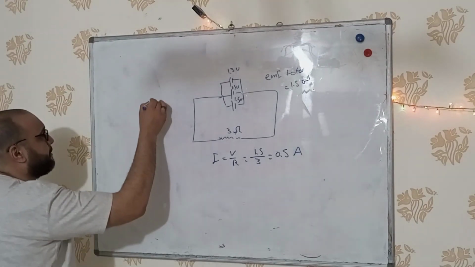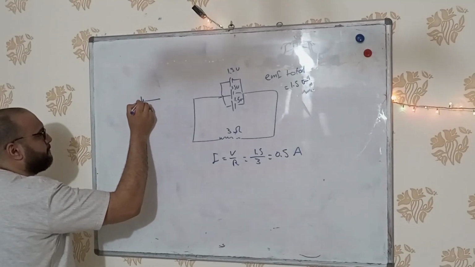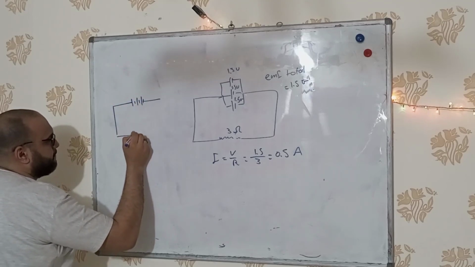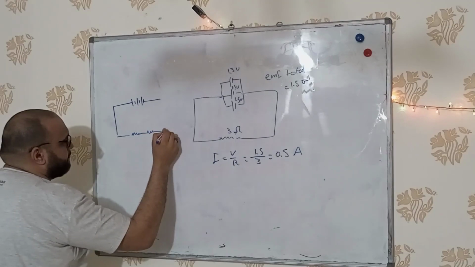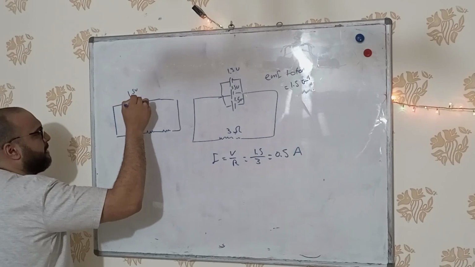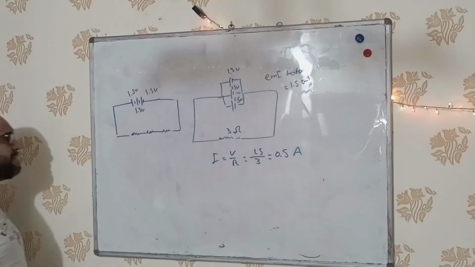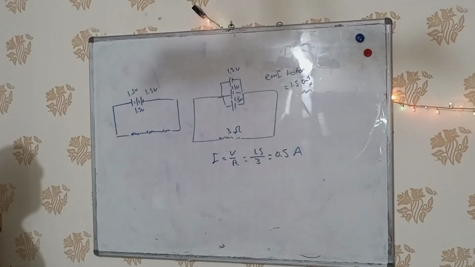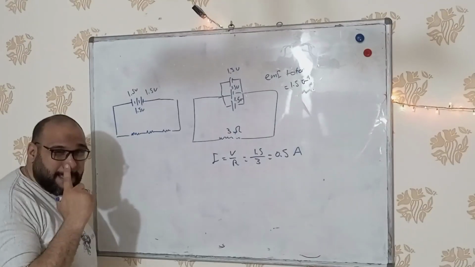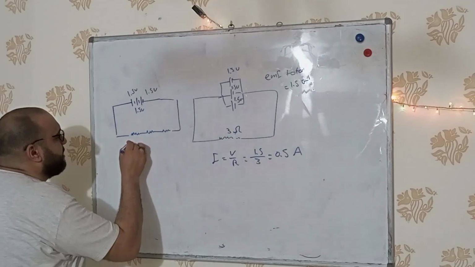Another circuit. 1.5 volt each one, 1.5 volt and 1.5 volt. So we have 3 cells. Each one of them is 1.5 volt, and 3 resistors. Each one of them is, let's say, 3 ohms.